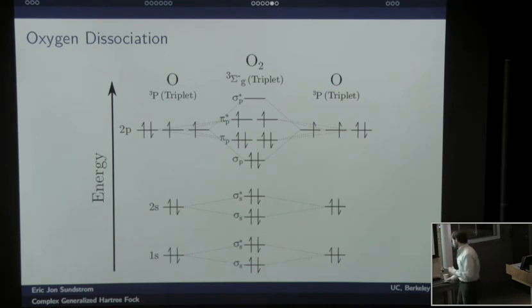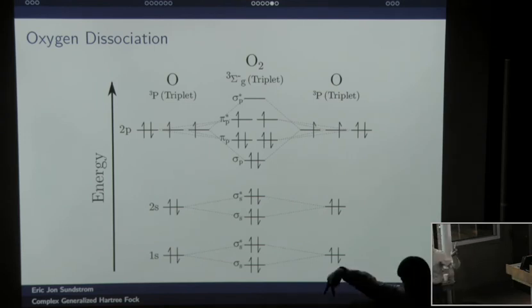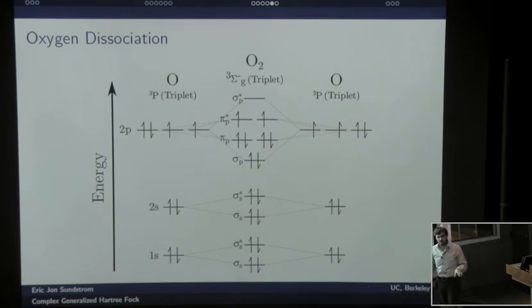So there's a problem there, in that if we do unrestricted, I mentioned briefly that we have to choose a multiplicity. So I'm going to ask you to choose the multiplicity of our two triplets, and we can either choose a singlet out here at dissociation, or we can choose a quintet to get the minimum energy. If I try and bring either of those pairs together, there's no way for unrestricted Hartree-Fock to get that right. So at the Hartree-Fock level, we can't dissociate oxygen.